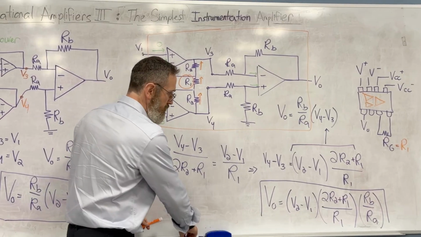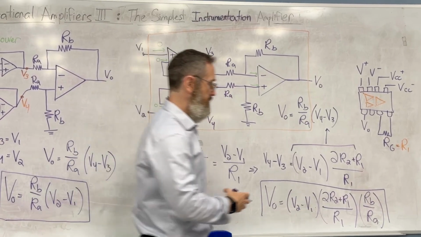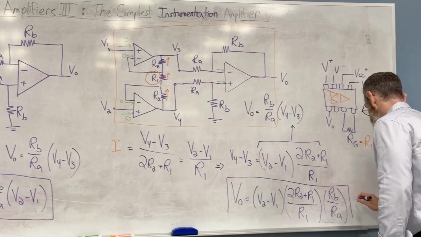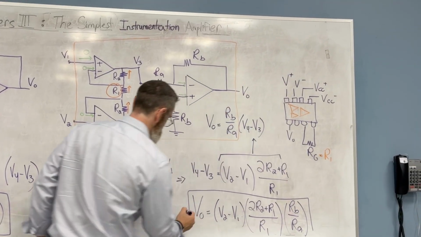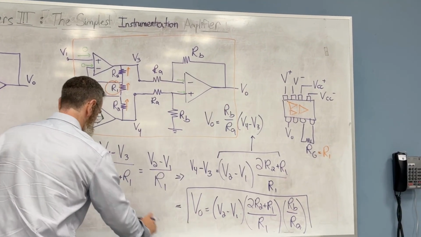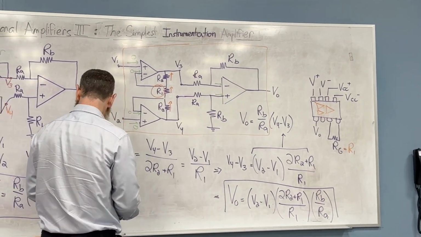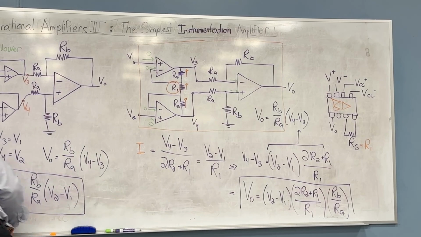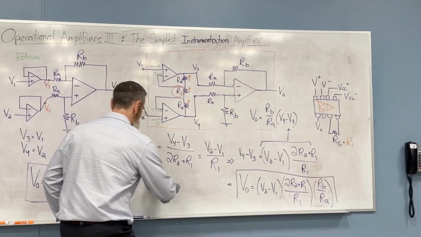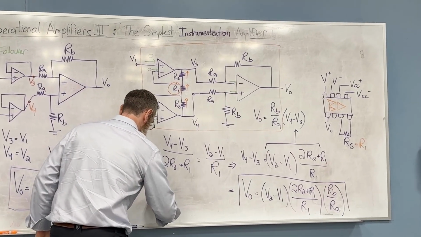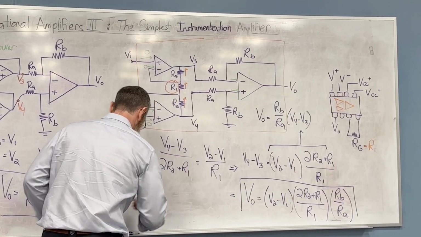Let's assume that all the other resistors are 1. If that was the case, this would reduce to, right? This is if all the resistors are 1. I'll do it in a different color. Maybe you won't get confused. V out, ooh, no, I'll do it in purple.